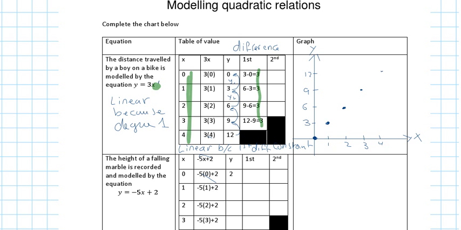And I can draw a straight line. And I can see from the graph that it's a linear function.